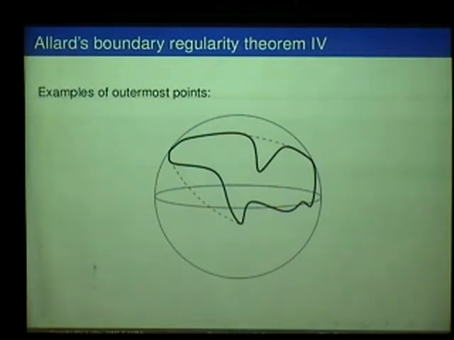For instance, in this example, these points over here would be outermost points, but these points over here would not be outermost points. So Allard's regularity theory guarantees regularity here, and here, and here, but you don't know anything about this side of the curve. Well, in this case, it's a curve in three-dimensional space, so you can apply Hardt-Simon. So you have to imagine this is in 4 dimensions.